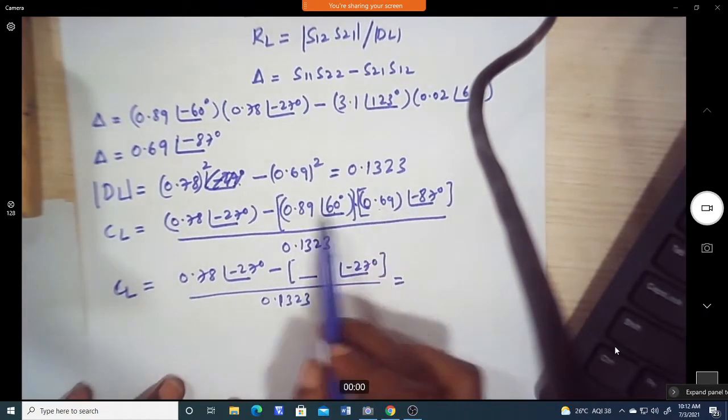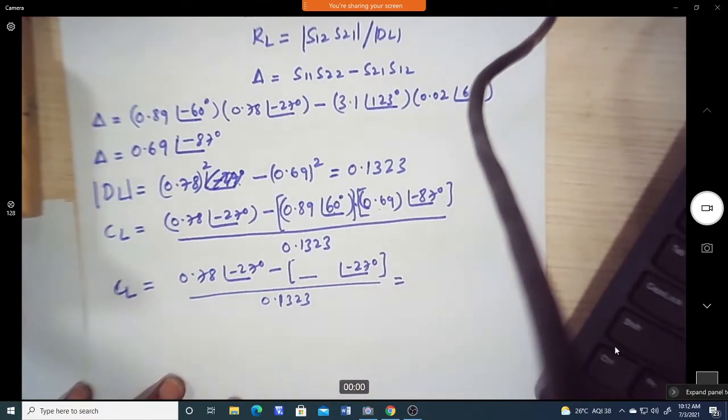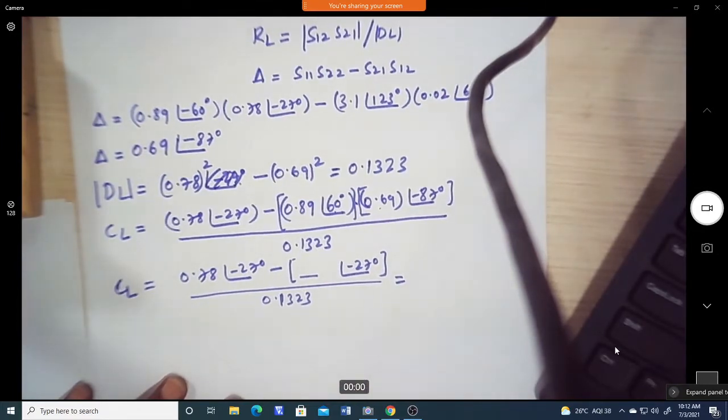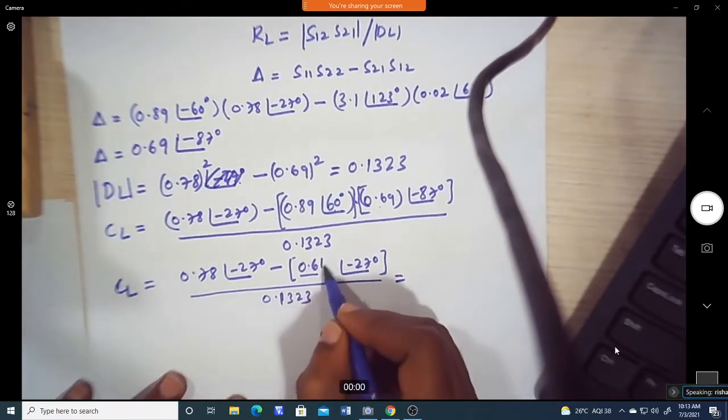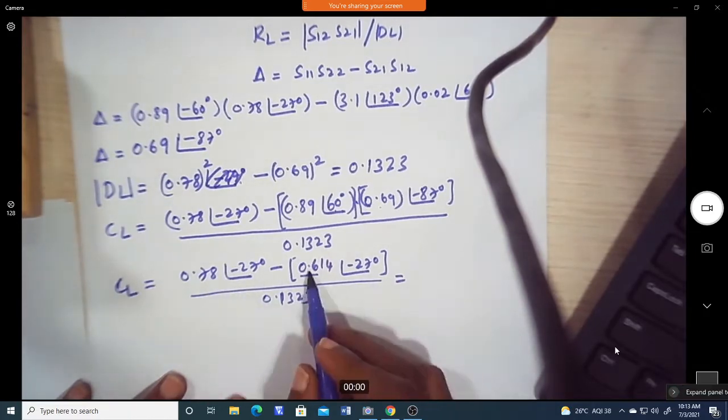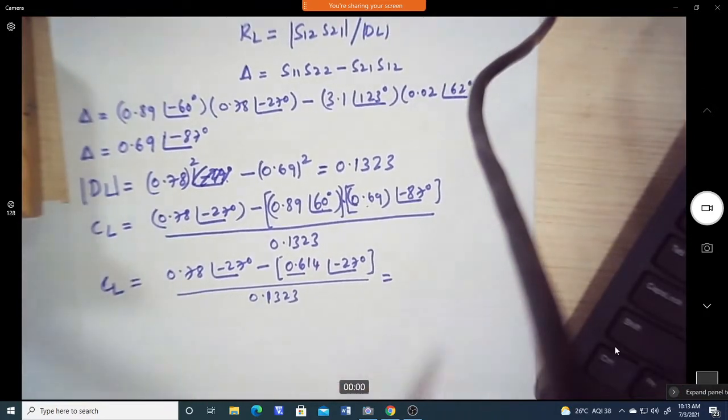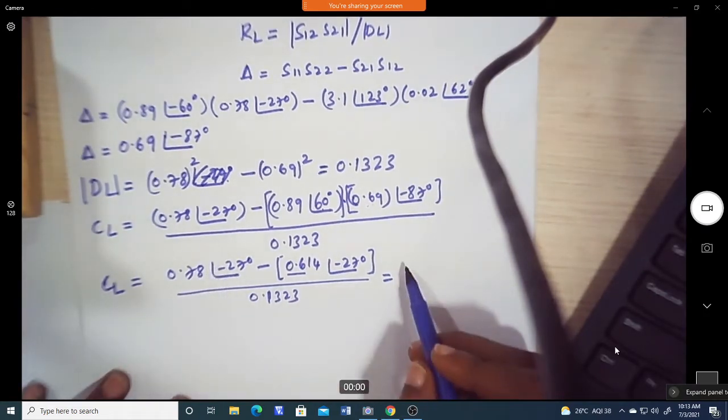What is 0.89 into 0.69? It is 0.6141. Now convert this one and this one to rectangular form. What is this value in rectangular form?